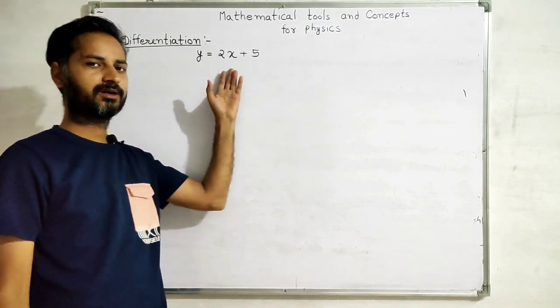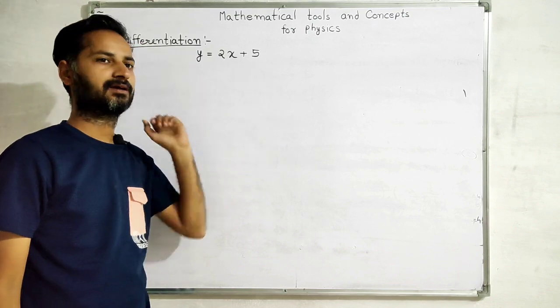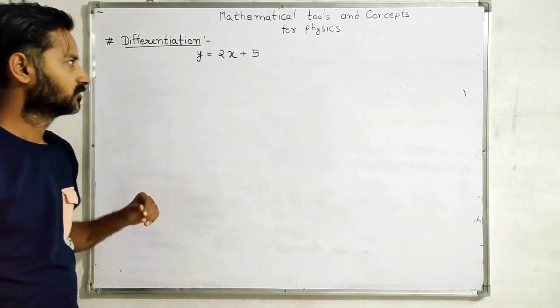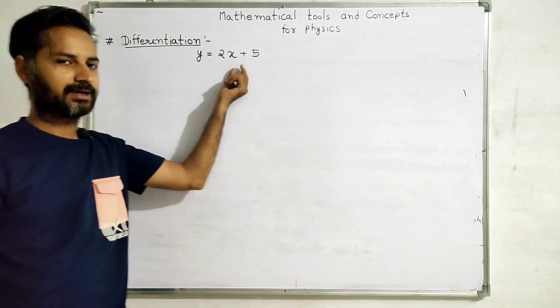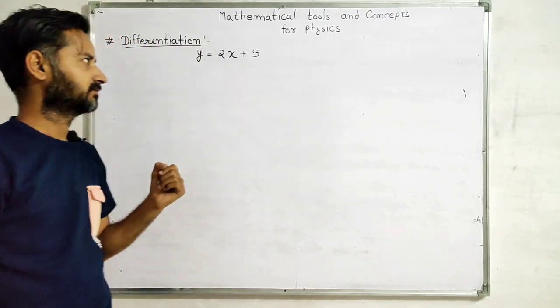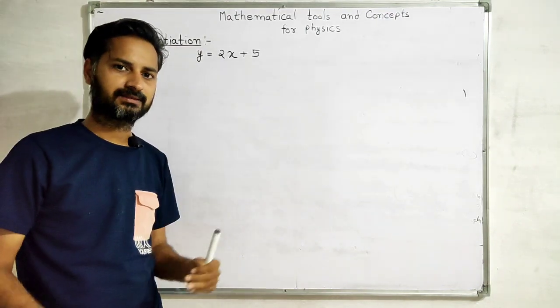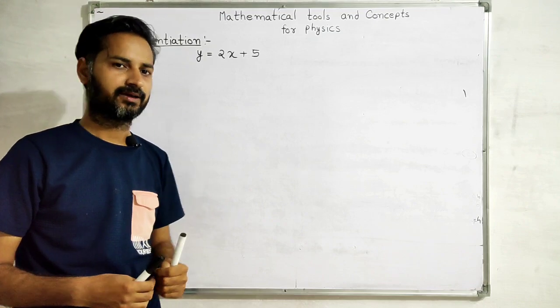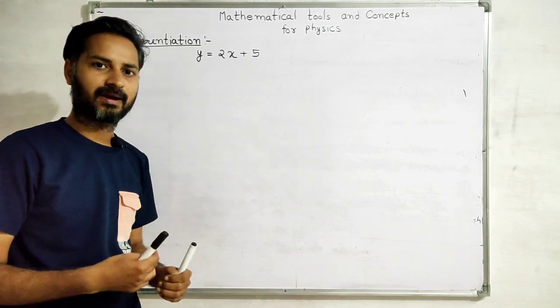So corresponding to each value of x, we get a value of y. So y is depending on the quantity x. If we call x the independent quantity, then the variable y will be dependent.